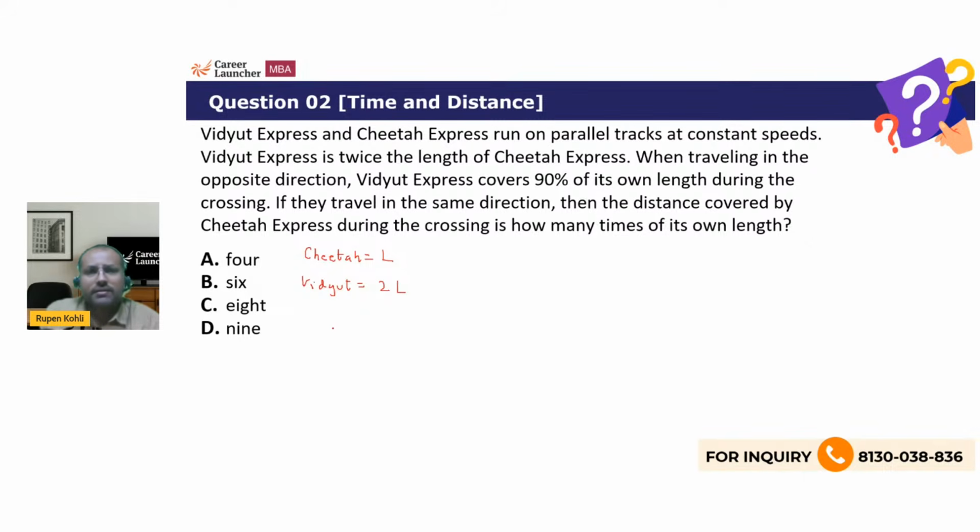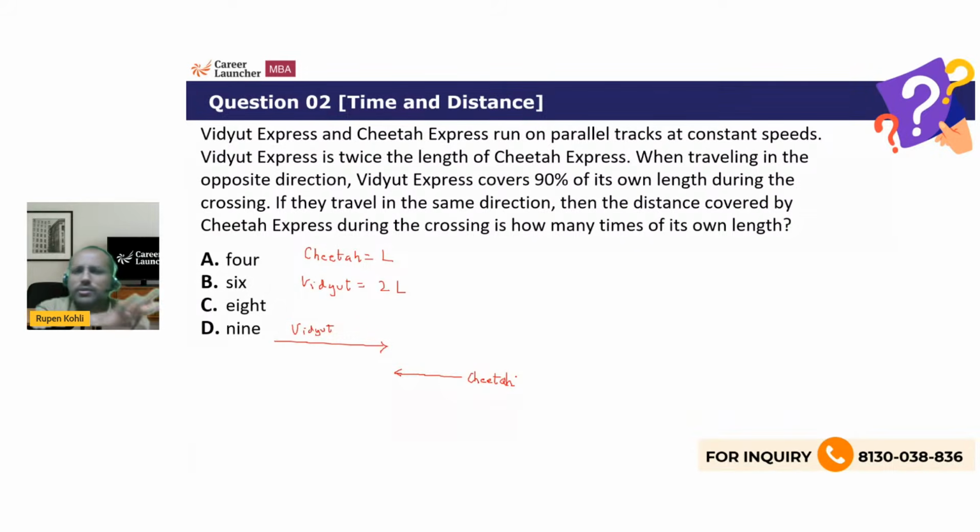Now, when the crossing happens in the opposite direction, from here the longer train Vidyut Express is coming, of length 2L, and from here the shorter train Cheetah Express is coming, of length L. What is the main thing that we don't know as of now?